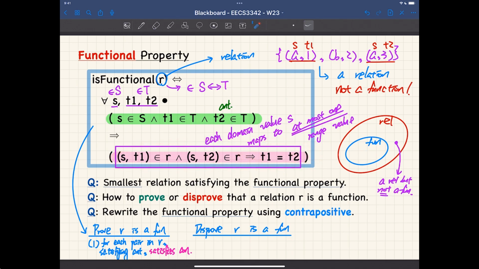Let's be very precise about what we're doing here. So let's still call this one antecedent 1. Let's call this one antecedent 2. And let's call this one the final consequence.